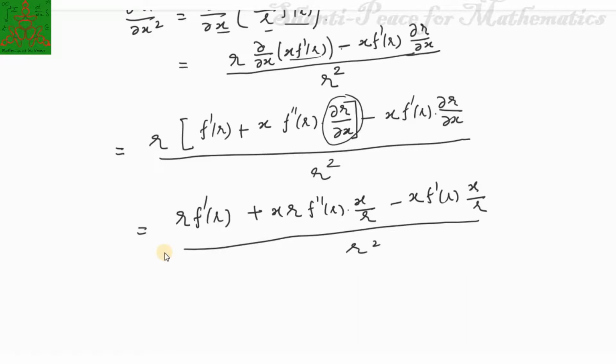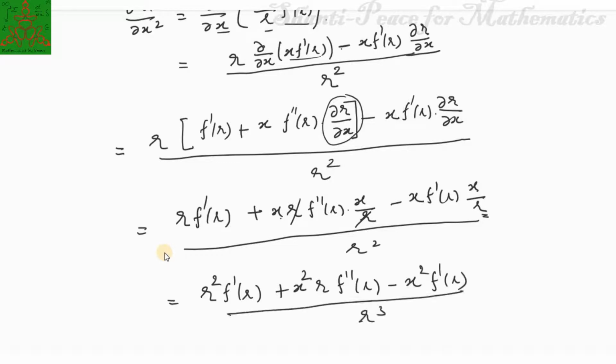Now this r is cancelled out, and this x into x will become x square, so that is r, and I am taking LCM for this r also, so that is r square f dash of r plus x square r f double dash of r minus x square f dash of r upon r cube. So this is del square u by del x square.